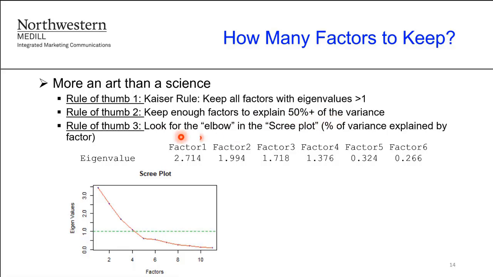And this is the last one, which is closely related to the Kaiser rule: we look for the elbow in the scree plot. This is a similar idea to what we did in the cluster analysis, where we used an elbow plot for deciding the number of clusters.